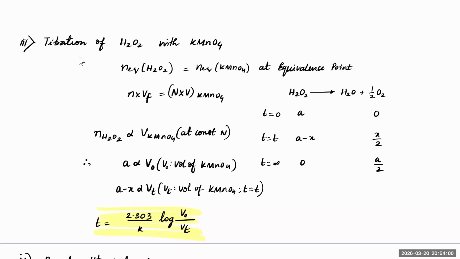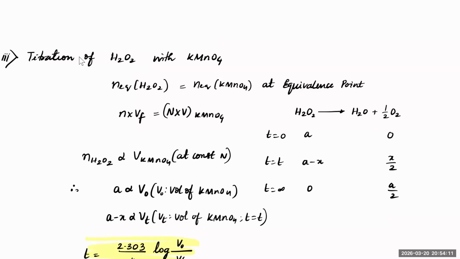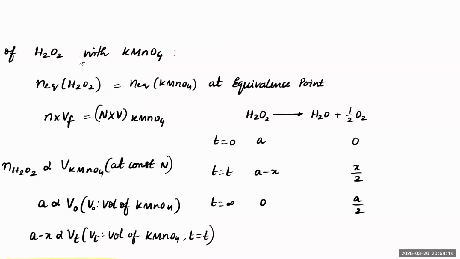How this can be used as another application here. See, if you are making titration of peroxide with KMnO4, you know that by equation it is like this, right? 2 times of KMnO4 plus 5 times of peroxide in an acidic medium will give you 2 times of Mn plus 2, plus 5 moles of O2 plus 5 moles of H2O.